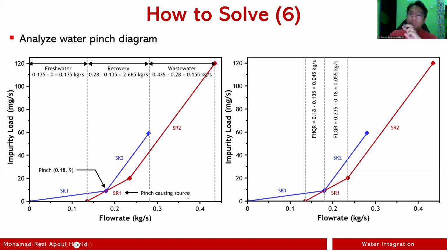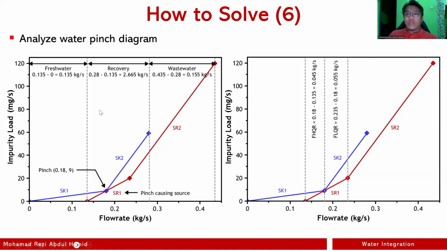Number three is you need to know the fresh water requirement, recovery, and wastewater generated. Basically, how much water can you recycle, what's the wastewater, and how can we calculate those? It's quite simple. If you see here, there are only two curves with two colors: the first one is blue, and the second one is red.